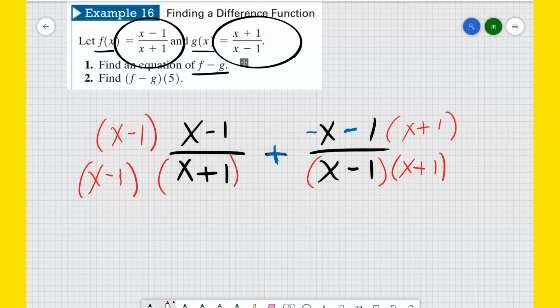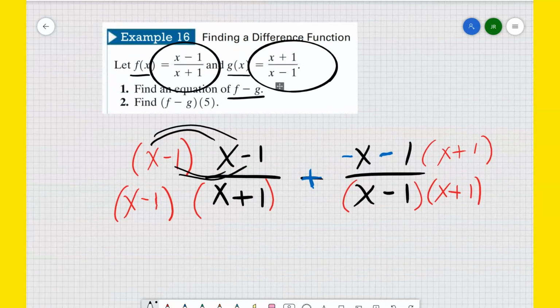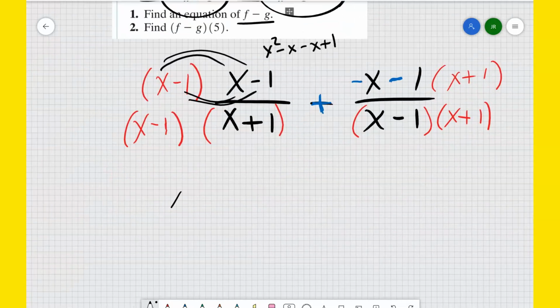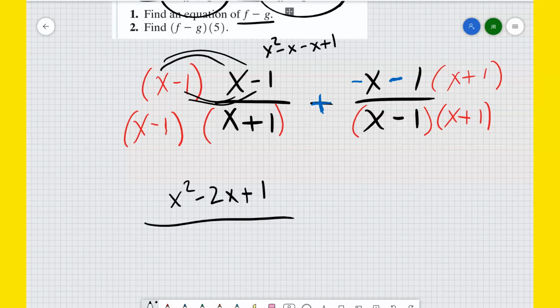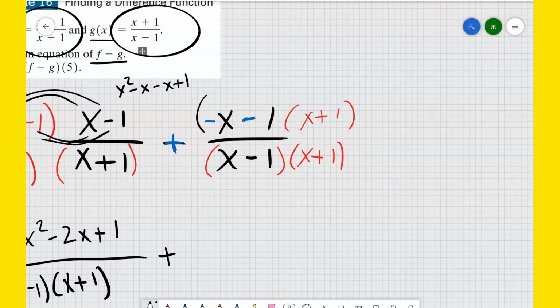Okay, now I'm going to distribute everything on top. So let me do that right here. That's going to be x squared minus x plus 1. So that is x squared minus 2x plus 1 over x minus 1, x plus 1, plus, now I've got to distribute this.